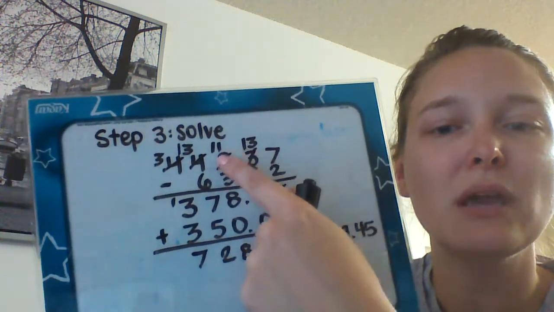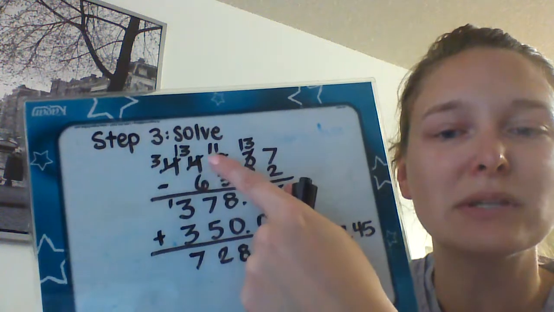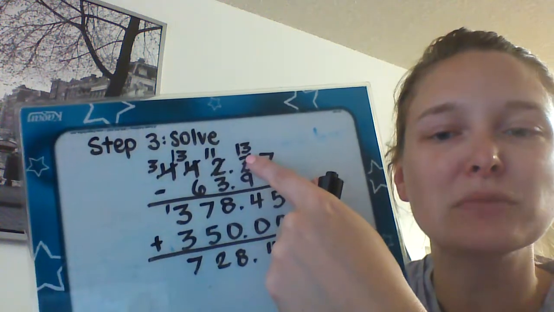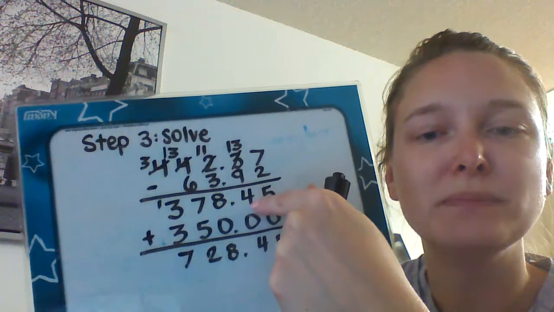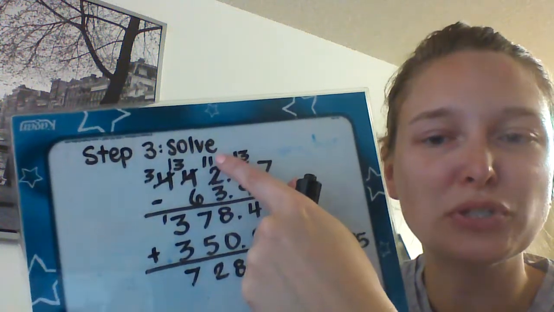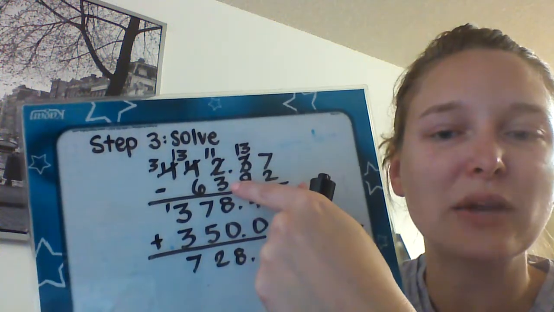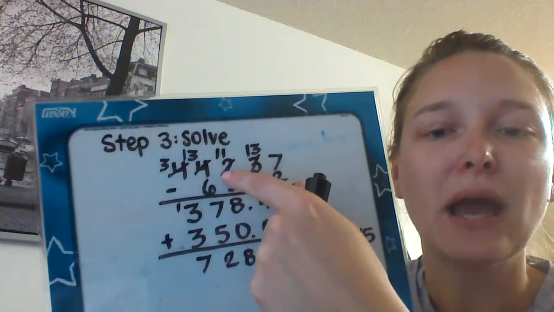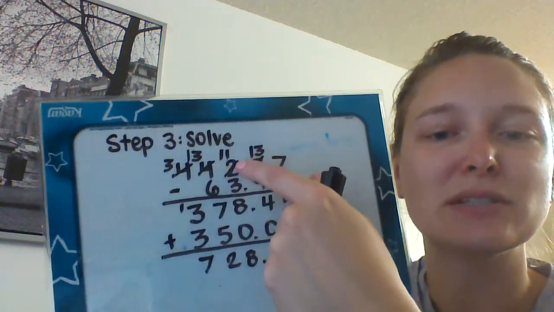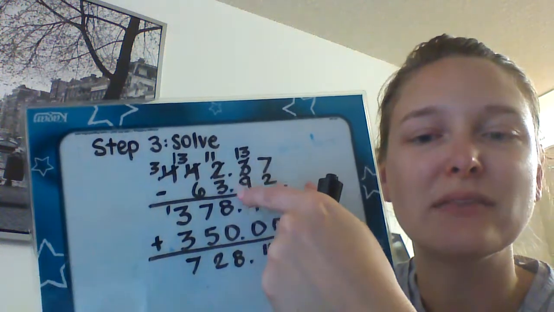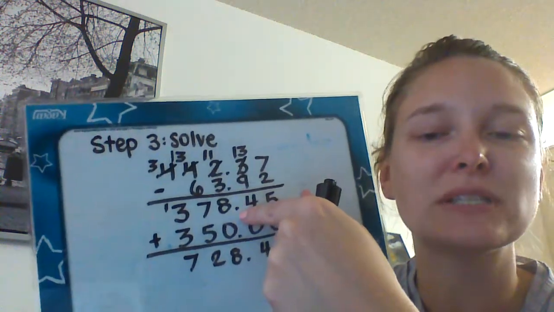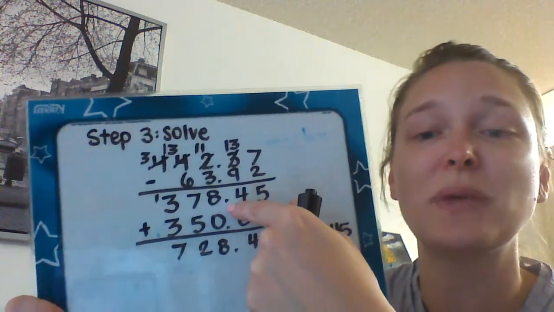So the 3, borrow from the ones place, that becomes 13. 13 take away 9 is 4. When I borrowed, the 2 became 1, but 1 can't take away from 3, so I have to go and borrow again. So this becomes 11. 11 take away 3 is 8. Taking the decimal straight down, just like we talked about in those other steps this week.